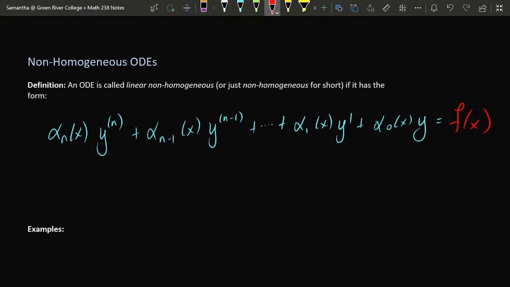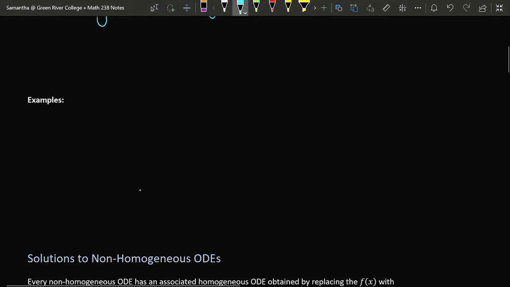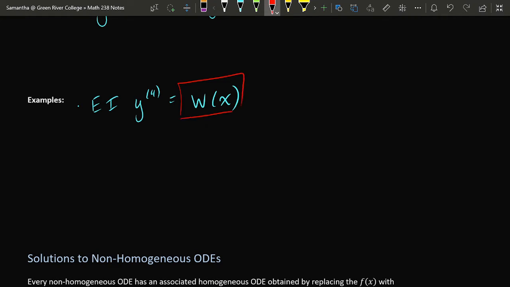For example, the differential equation that we gave for a deflection of the beam, EI times the fourth derivative of y equals the load at the location x, would be an example of a non-homogeneous linear ODE. In this case, the function on the far right side is the one that represents the weight on the beam at the position called x.